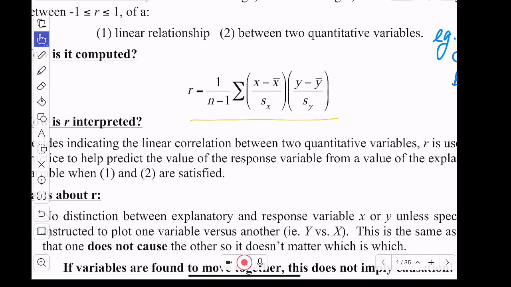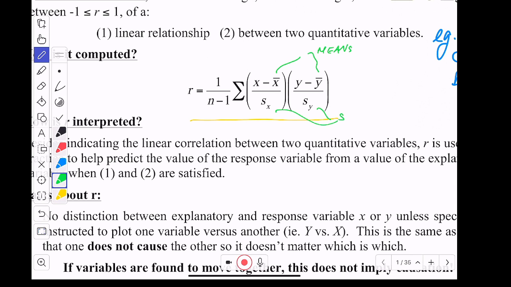What do you see? Okay, so you recognize the means, and you recognize the standard deviations of the sample, right?